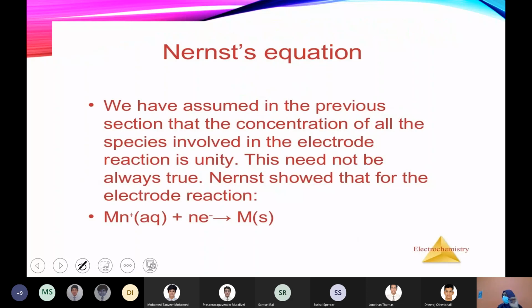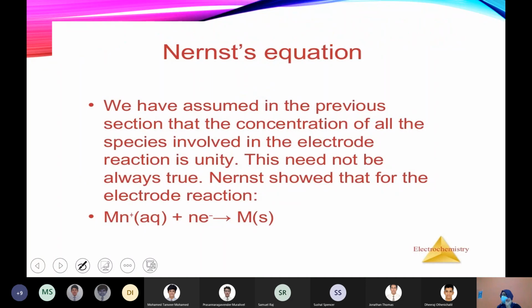Maybe the temperature is different, the pressure is different, and sometimes you need a higher concentration. So how can you use electrode potential or cell potential values measured under standard conditions to find the same potential under non-standard conditions?